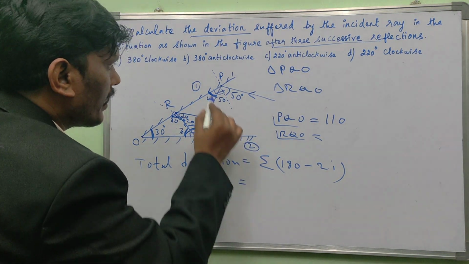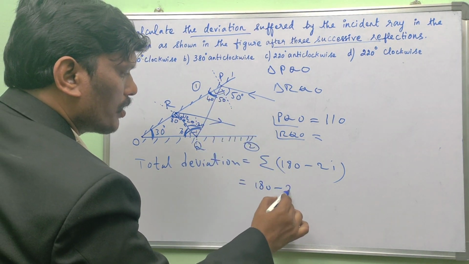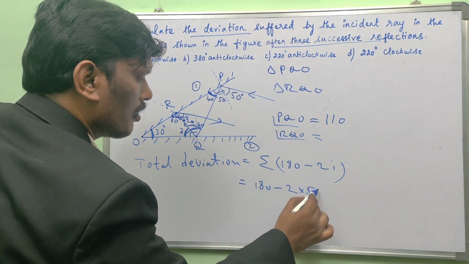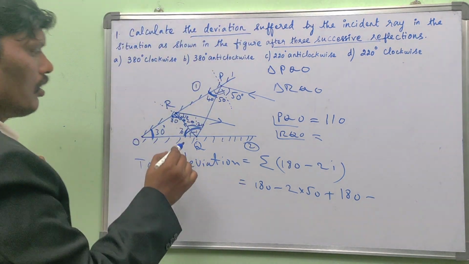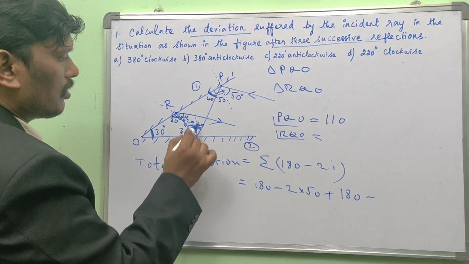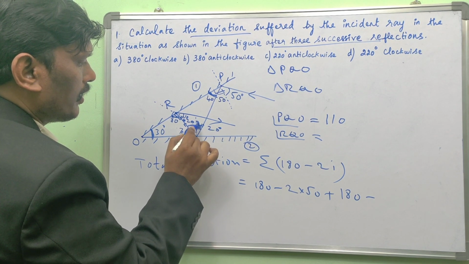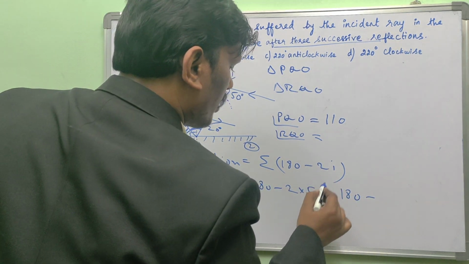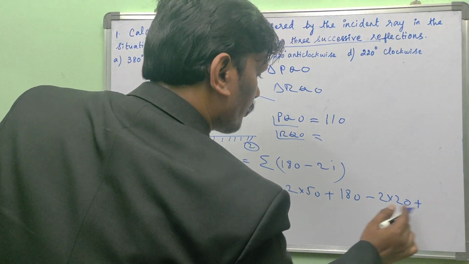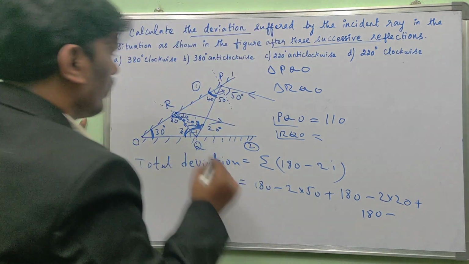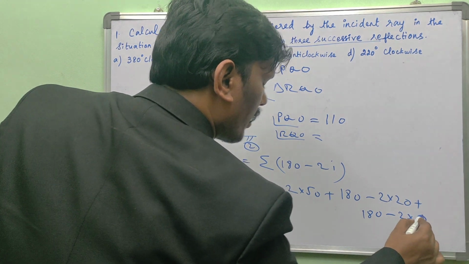So at point P, 180 minus 2 into 50, plus at point Q, 180 minus 2 into 20, plus at point R, 180 minus 2 into 10.